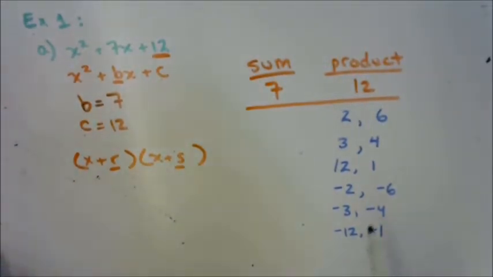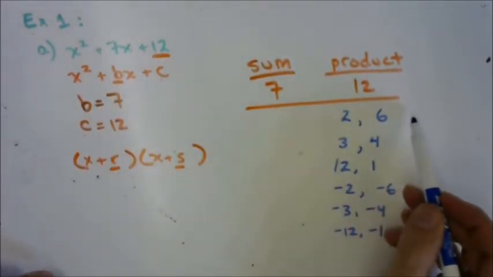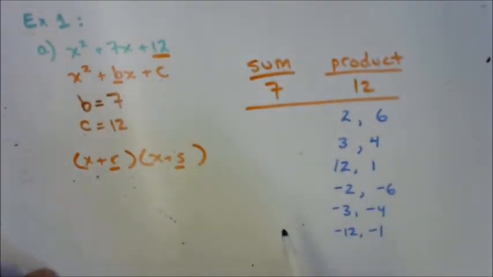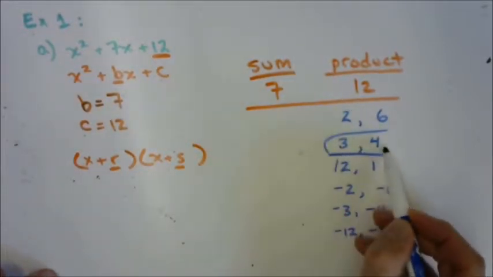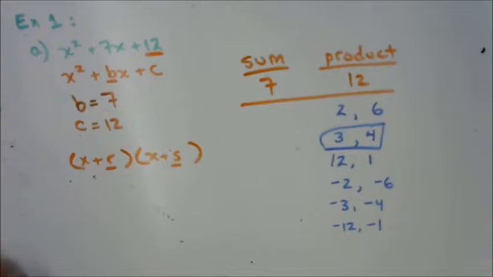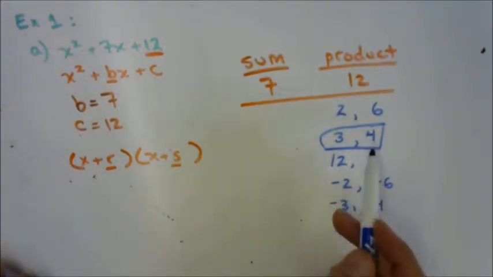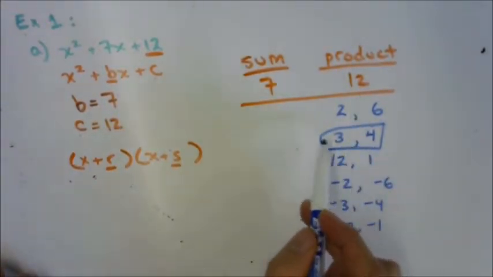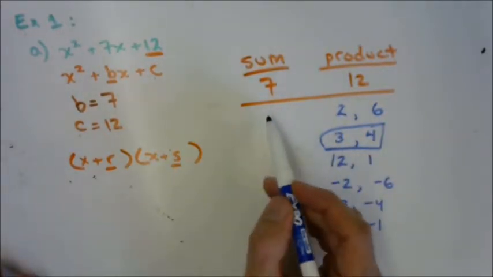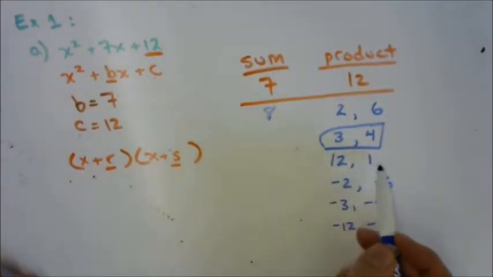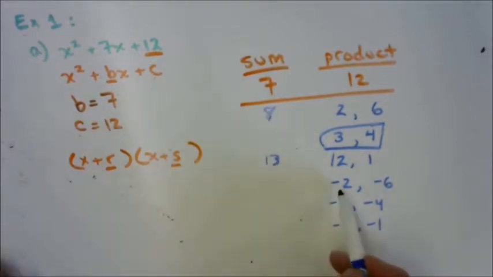Okay, of these pairs, which set of numbers has a sum of 7? See that? So 3 and 4 are the only two numbers that will multiply to 12 and add to 7. Right? 2 and 6 have a sum of 8. 12 and 1 have a sum of 13. Negative 2 and negative 6 have a sum of negative 8.